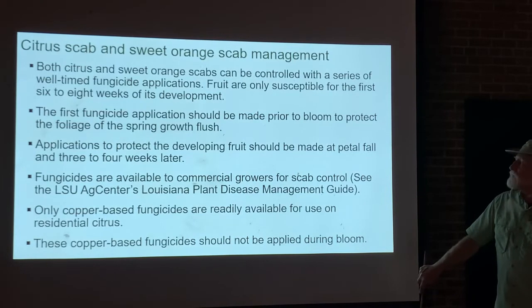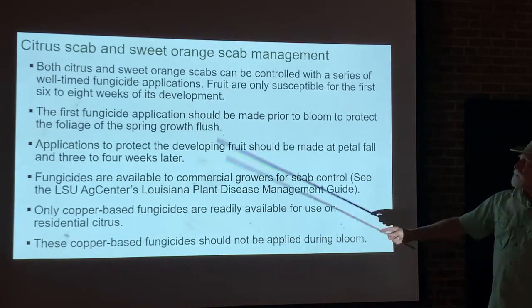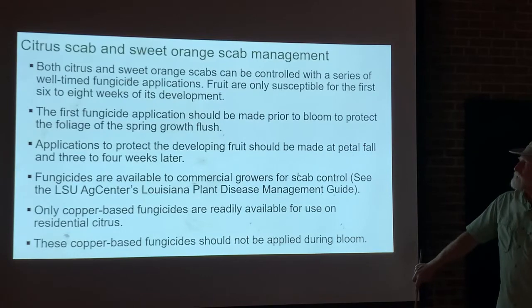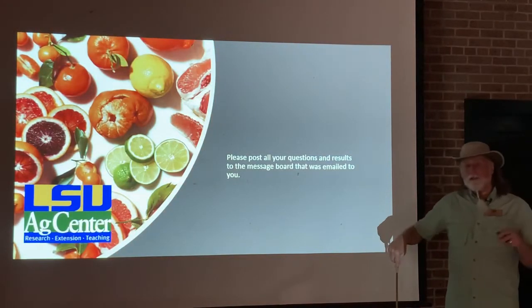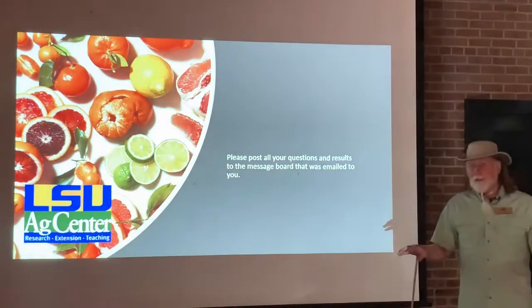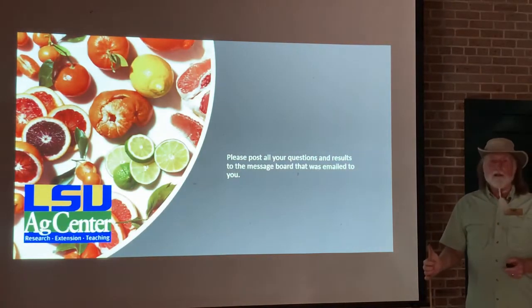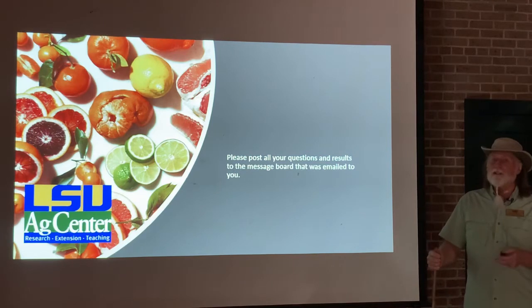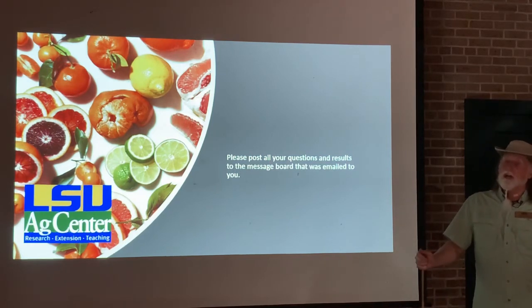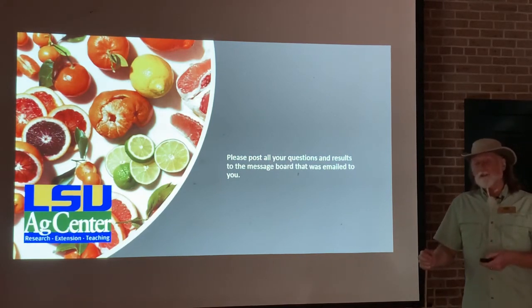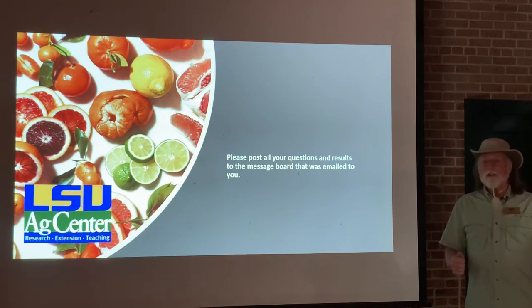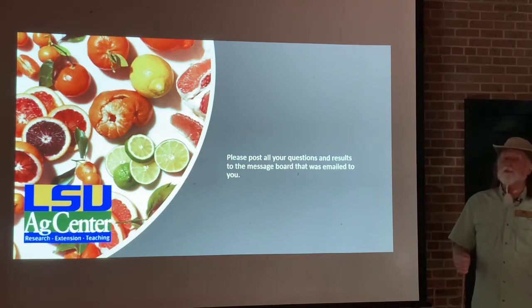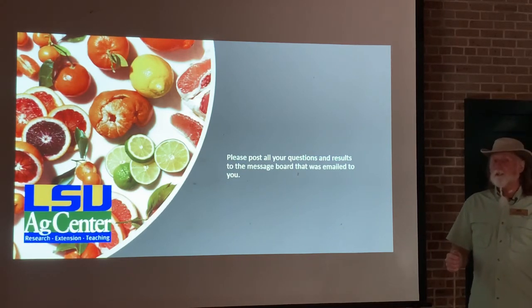That's when you want to be doing your fungicide applications to protect your citrus trees from citrus scab and from sweet orange scab. So these are two scab diseases. They are a little bit different, and as we noted earlier, sweet oranges are susceptible to sweet orange scab, but not the standard citrus scab. A lot of the other citrus, though, is susceptible to both. So keep your eye out for these, and know that you can protect your plants from infection from these two fungi.